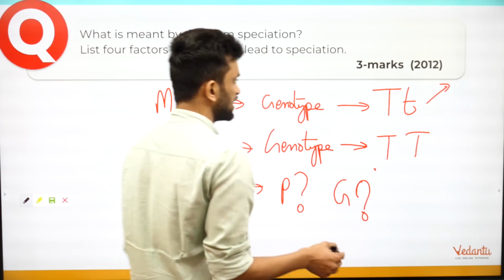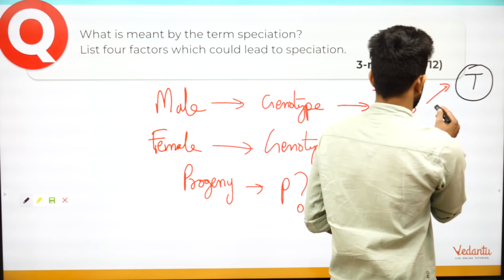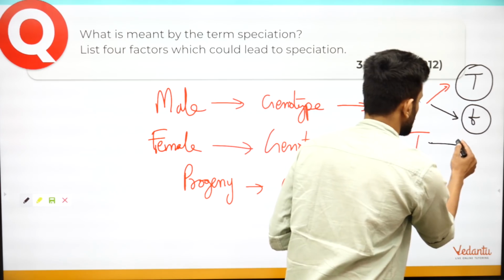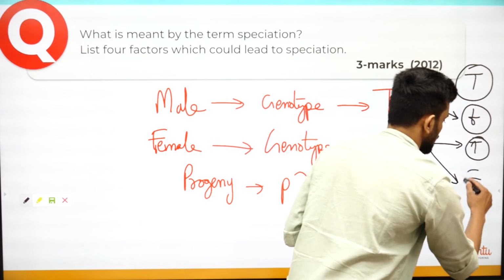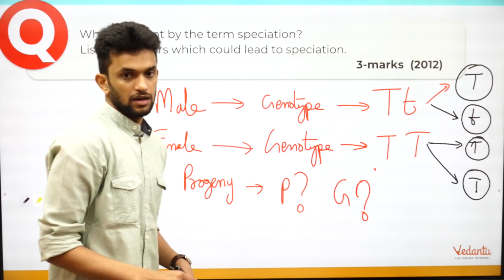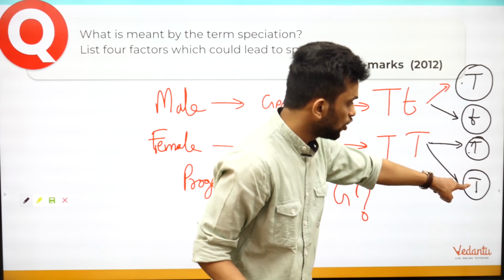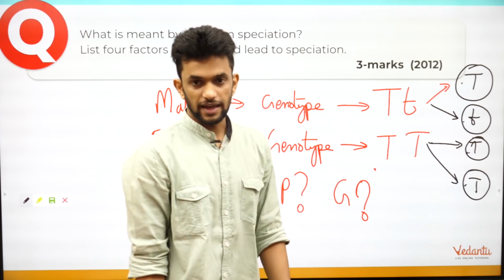I know this male will make 2 gametes. One will have capital T and another one will have small t. I know this female also will make 2 gametes, one capital T and the other again capital T. So this sperm can fertilize this egg or this egg. Similarly, this sperm can fertilize this egg or this egg.